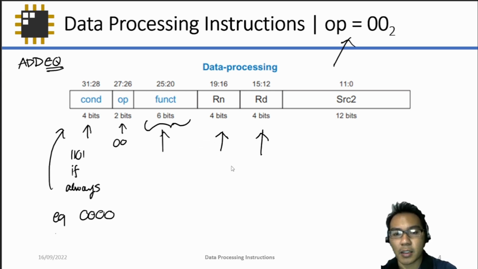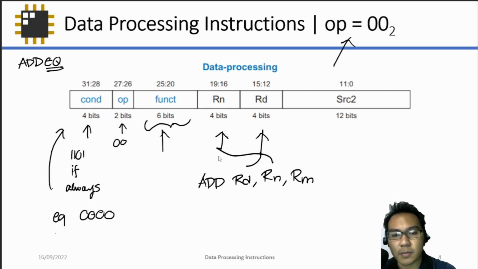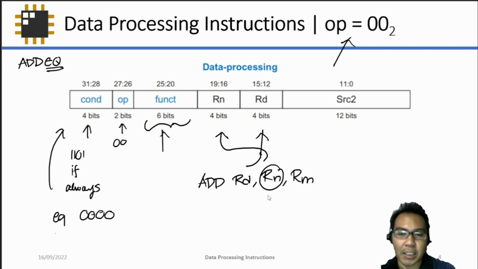Okay, RN and RD. Basically, for your instructions, you have this type of format. So RD is actually that one, and RN is actually that one. So for these instructions, you are guaranteed to have at least one register operand.